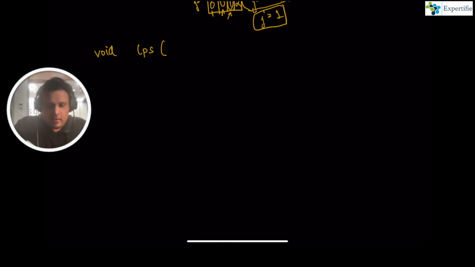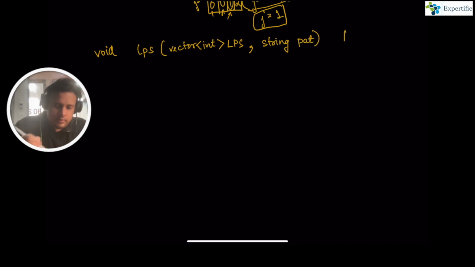So for creating the LPS array, since you need to populate an array, you need to pass a vector or an array. So let's say you pass me a vector of integer LPS, and you of course pass me a pattern P. Now, as I said, LPS of 0 is always 0, so you start with that.